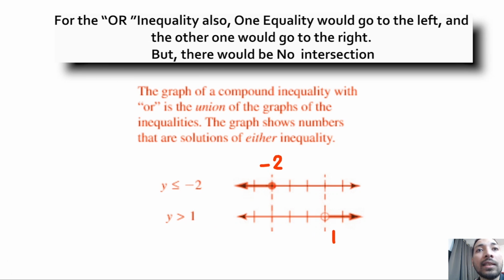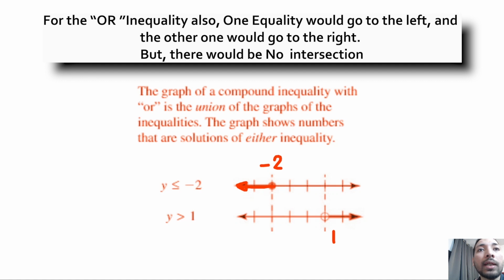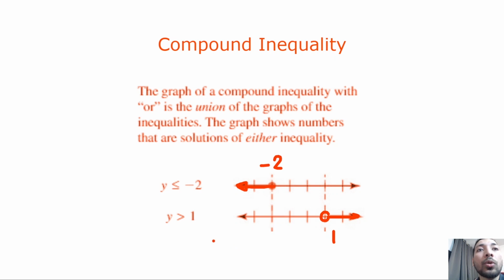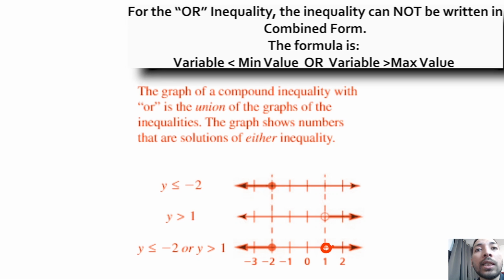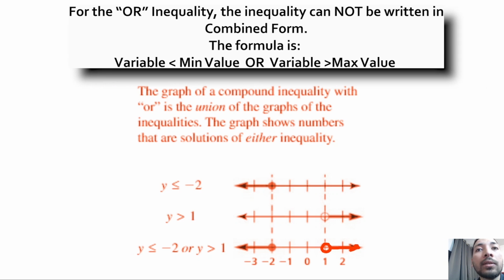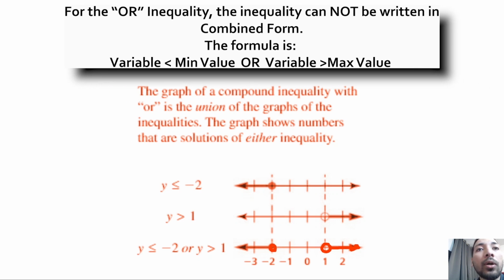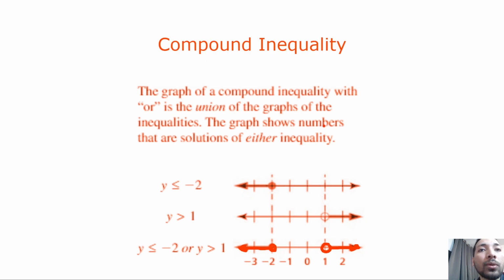So in this case, this graph is going all the way to the left, and this graph is going all the way to the right, and there is no intersection. So the combined inequality would be this union section, which is this one going all the way to the right, and this one going all the way to the left. So here we have y less than or equal to -2 or y greater than 1. So in this case, we don't have any intersection.